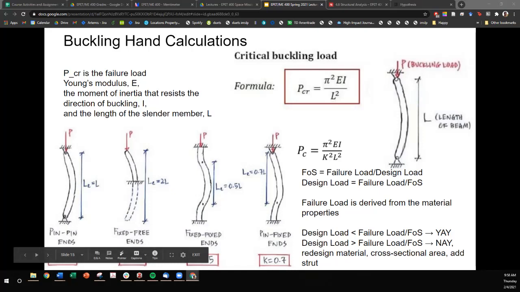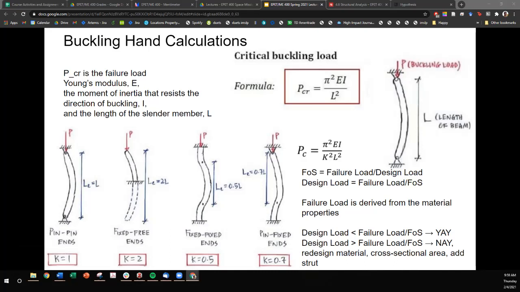You can take this inequality any way you want, where like factor of safety is less than 1.4, or if you rearrange the equation, is the design load less than the failure load divided by the factor of safety? If so, yay. If the design load you experience is greater than the failure load over the factor of safety, then nay. Redesign the material or cross-sectional area, or for this particular loading condition, you can add a strut.